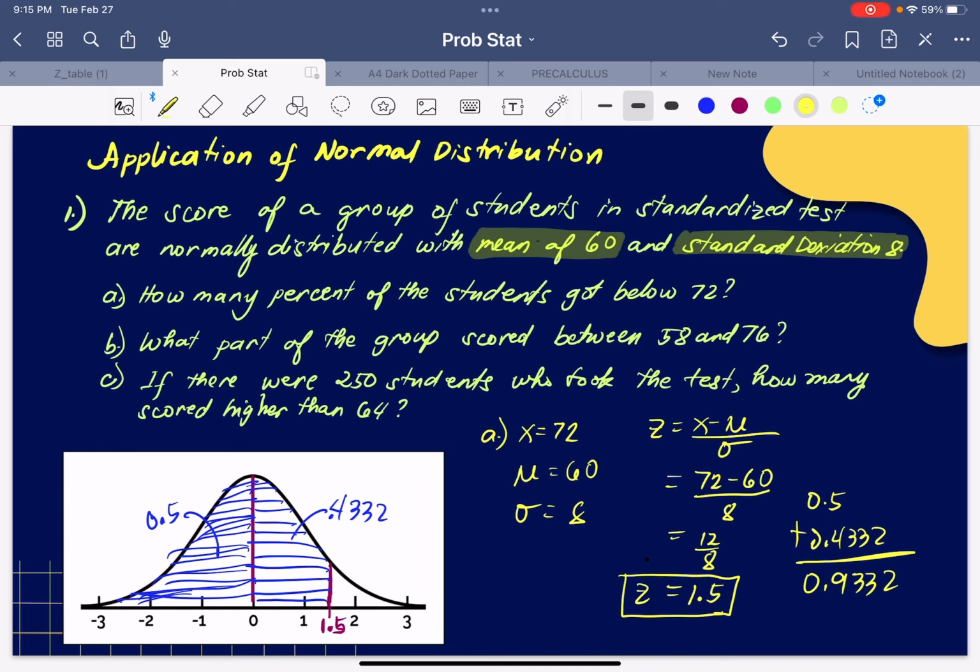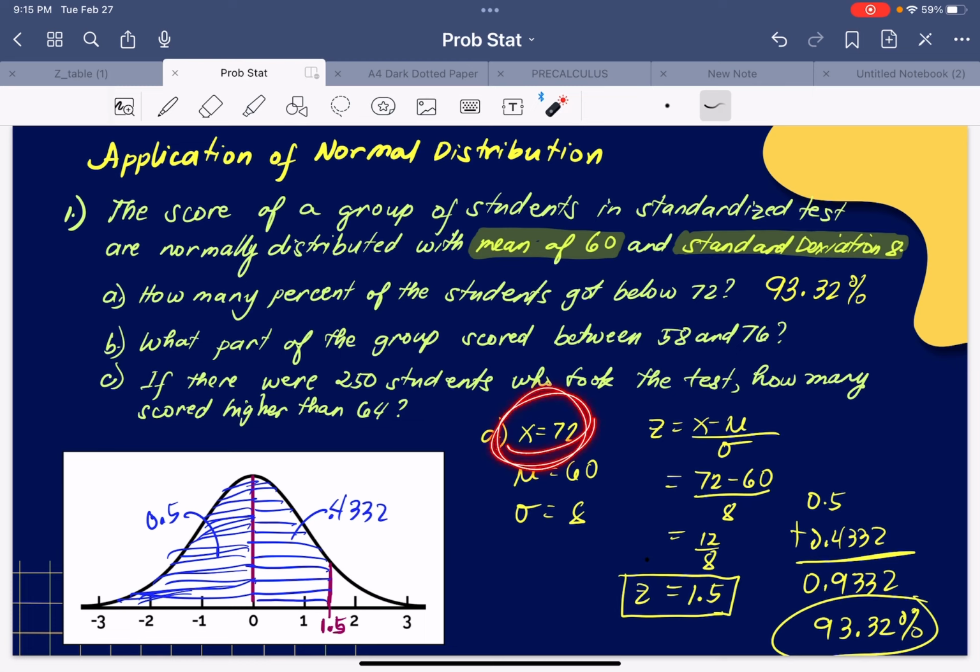So let's convert this into percent. So this is equivalent to 93.32%. So this is the answer for letter A.